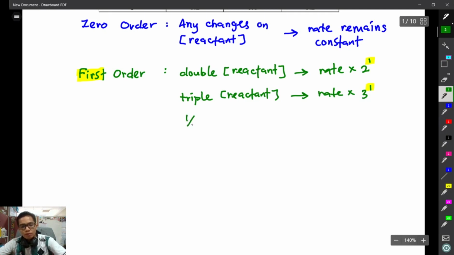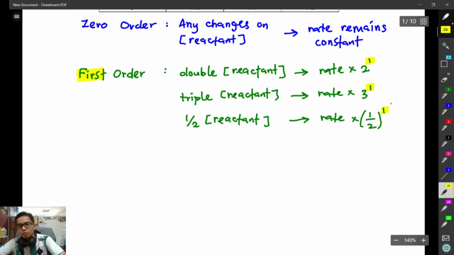If we halve the concentration of our reactant, then rate will be 1 over 2 power of 1. So for the last one, meaning if we halve the concentration of the reactant, rate will be reduced by half. Okay, so that is the characteristic of first order.